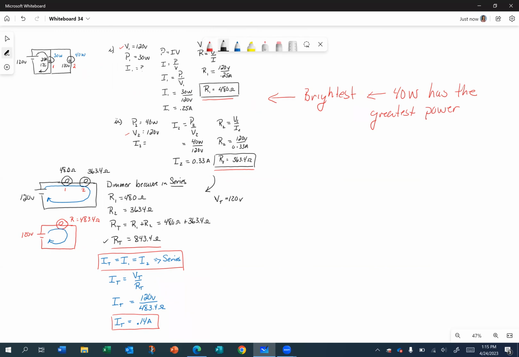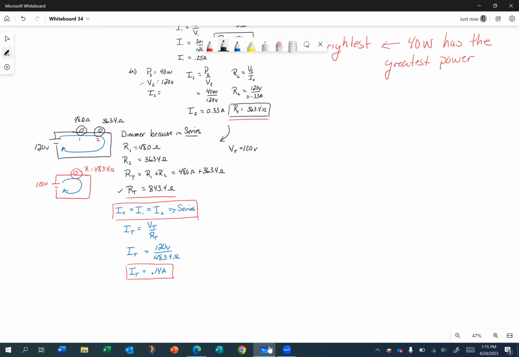And then we come down here and we ask ourselves, which one has the greater power down here? So in this scenario, what we would say is, because the currents are the same, I1 equals I2, but R1 is greater than R2, and V equals IR.